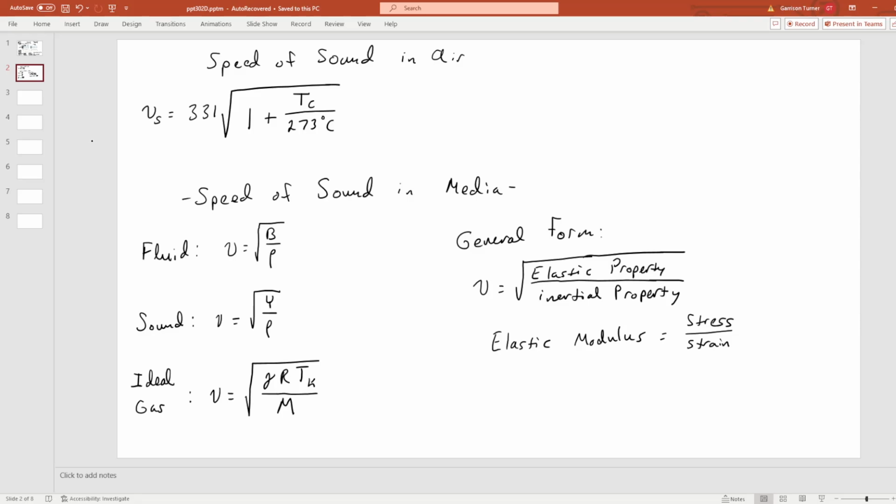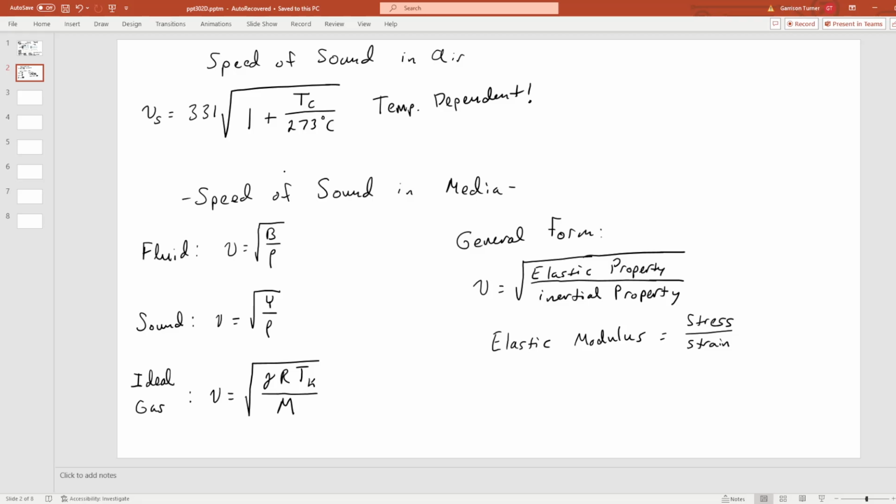So, speed of sound in air. The speed of sound in air has been modeled by this equation, and this equation models it very, very well. You'll notice that the speed of sound in air is temperature dependent. If you look at this, the colder your air is, the slower the speed will be.